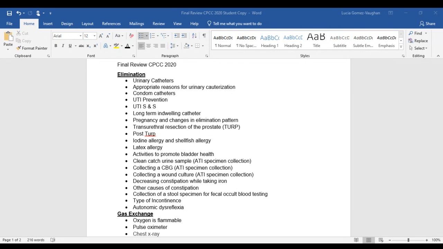So when we clean the patient, if, let's say, they're incontinent of stool or we're doing a bed bath, we want to clean the patient from clean to dirty. So we start at the urinary meatus and we end at the anus. And then bladder scanners. They've eliminated the need for in and out catheterization when we suspect urinary retention. Preventing UTIs, we teach our patients to wipe from front to back. We avoid bubble baths, keep blood sugars within normal range, and empty the bladder frequently and completely.